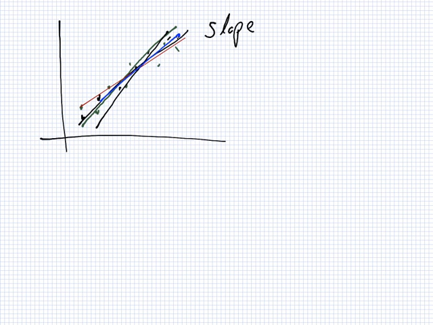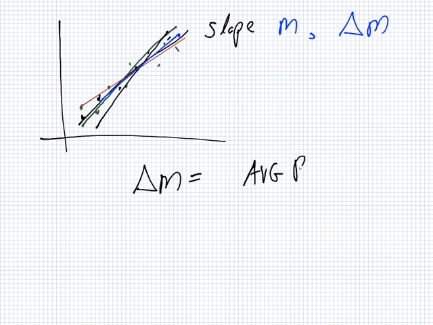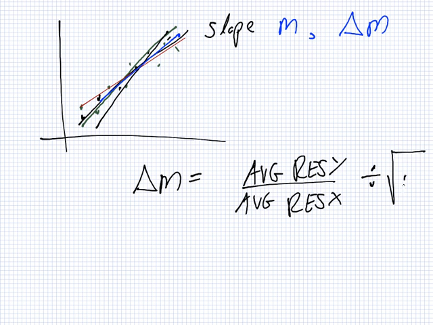So the slope, m, also has an uncertainty to it, and we would like to calculate that uncertainty. The formula for calculating the uncertainty of the slope is the average residual y over average residual x divided by the square root of n, where n is how many pairs of points you have.